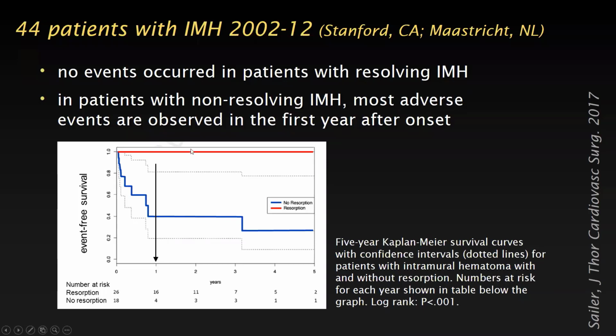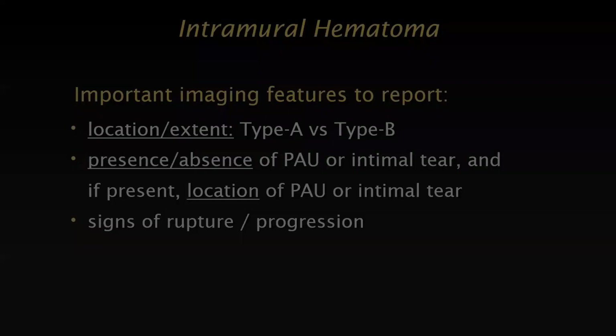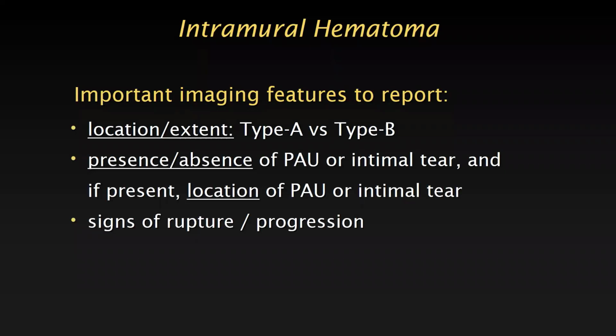So our surgeons are relatively liberal in ordering follow-up studies for these patients early on. They usually have at least a 3-month, 6-month, 12-month study to make sure that nothing happens. So these IMHs are not totally benign. They can completely resolve, but they can also behave very malignantly.